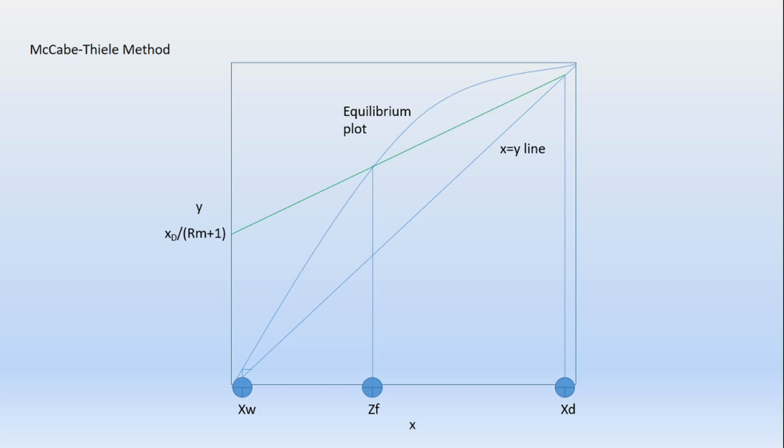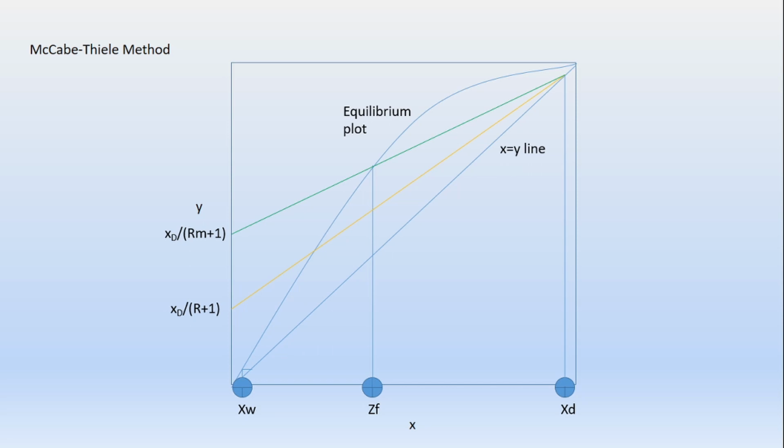So once we know the actual R, we can find the intercept for the actual operating line for the enriching section, and this intercept value is XD by R plus 1. So we join this intercept XD by R plus 1 point on y-axis to XD equal to YD point on x equal to y line.